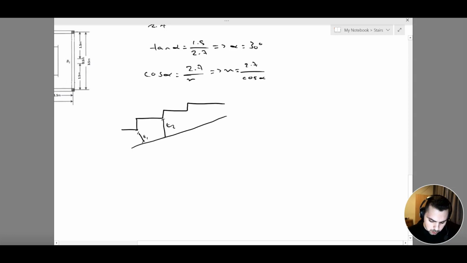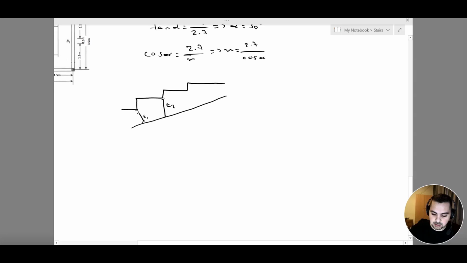Okay, so we know that the concrete within my step or within my stairs will play a role in the flexural capacity of my stairs. So what I will do is take half the thickness of my riser and include it in my thickness calculation and find the T average.